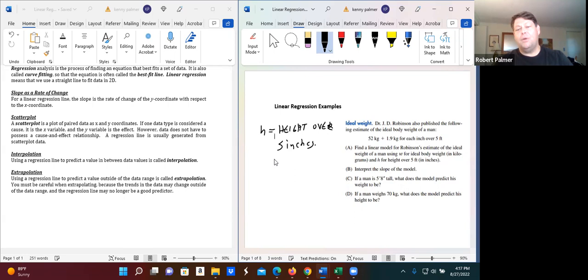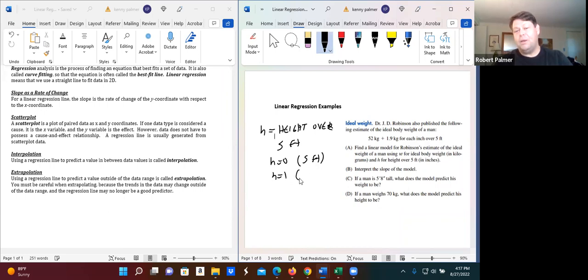So H equals 0 corresponds to 5 feet. I'm sorry, it's over 5 feet, not 5 inches. H equals 0 is 5 feet.